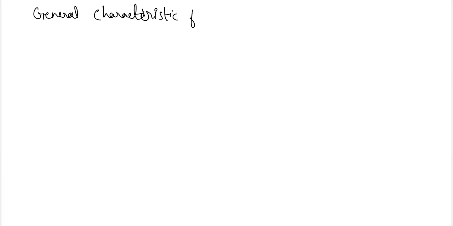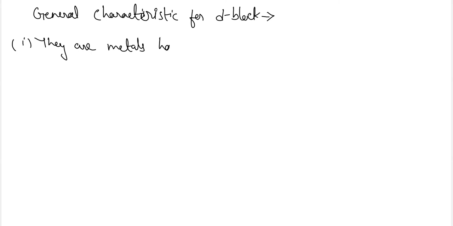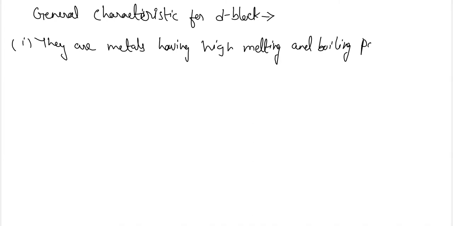Number one, they are metals having high melting and boiling points. In these transition elements, we find some of the toughest metals, so they possess very high melting and boiling points.